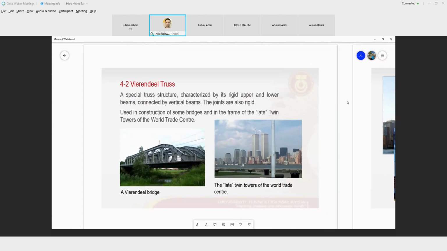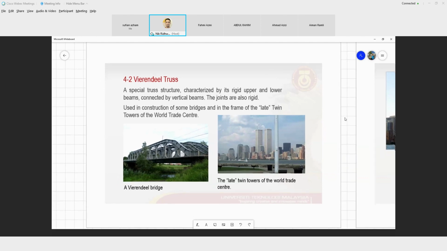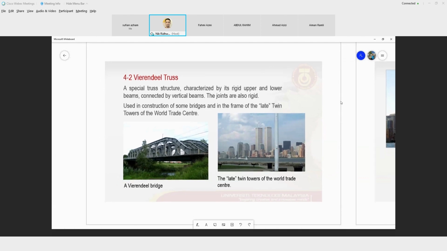And then there is another type of truss which is called Warren truss, also used for bridge, and also it has been reported was used for the constructions of the Twin Towers.